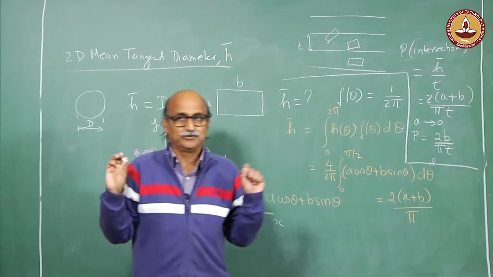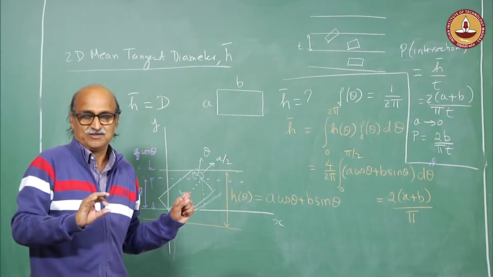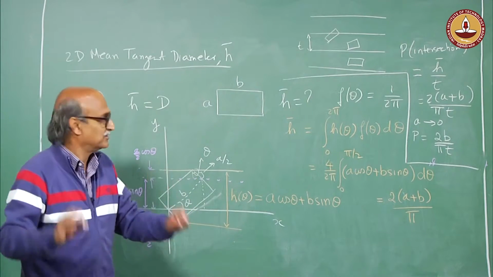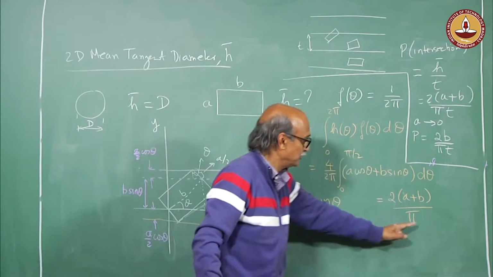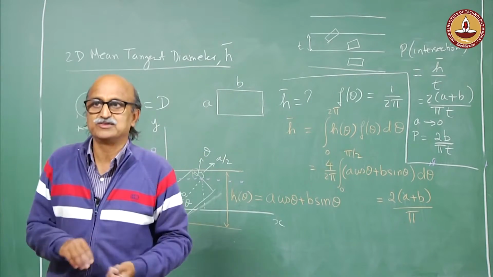This is exactly the same result that we had for the probability of a needle intersecting the lines. So, what we have actually derived is that from both angles we come to the same solution.